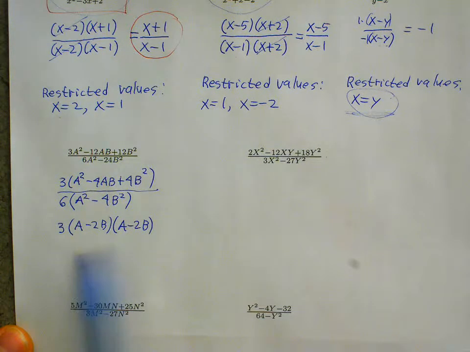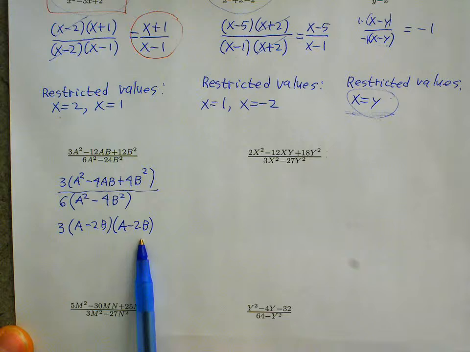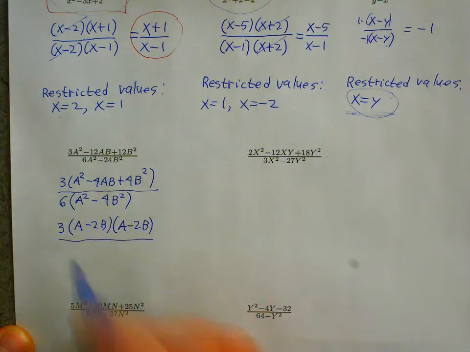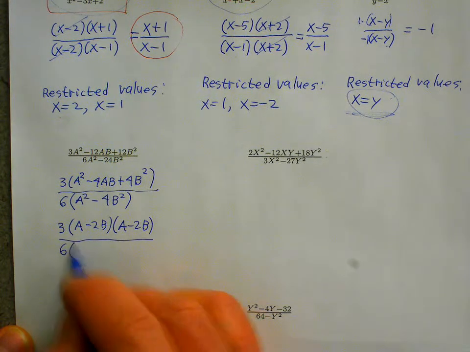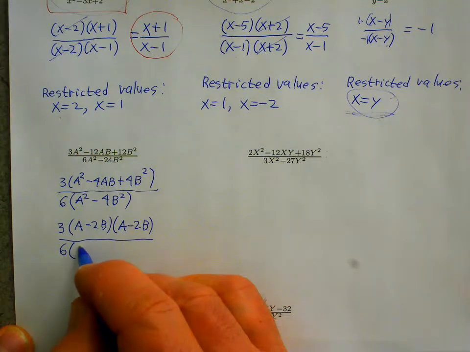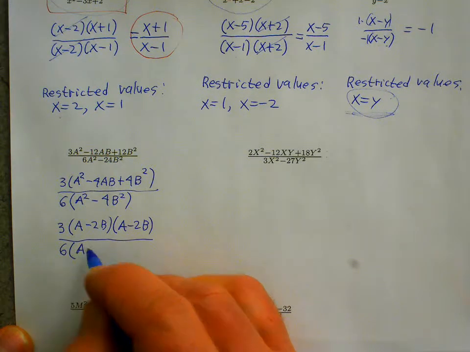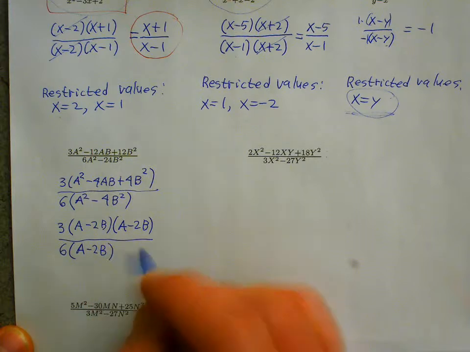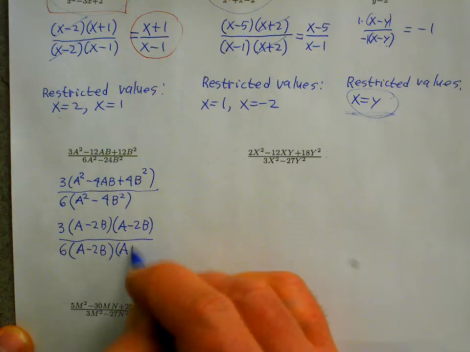You can verify by multiplying. And in the denominator, we have a difference of squares, a to the second minus 4b to the second. So one factor is a minus 2b. The other factor is a plus 2b.